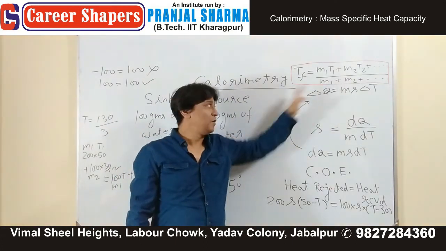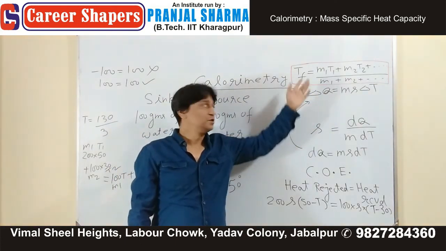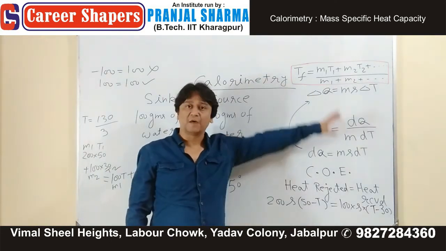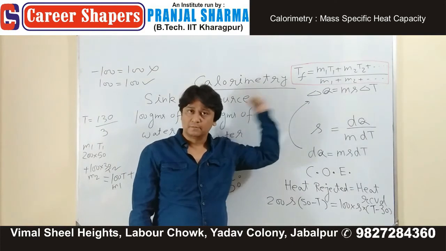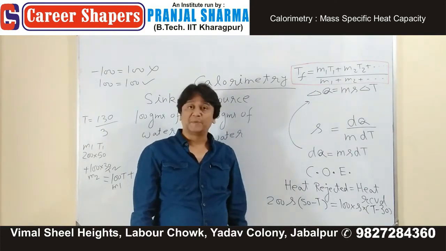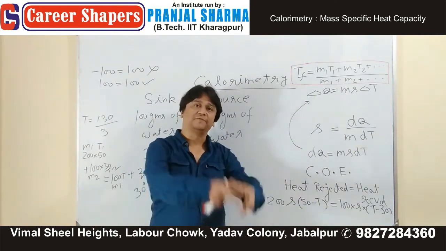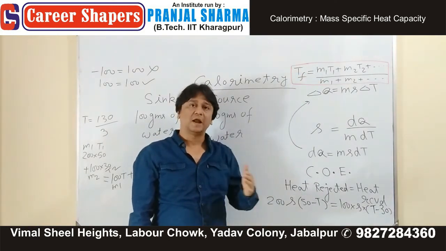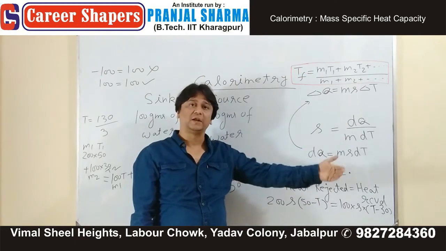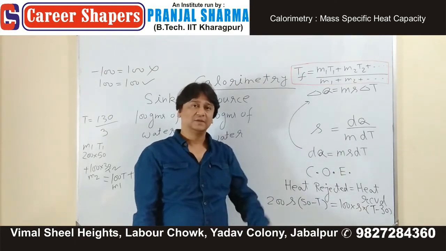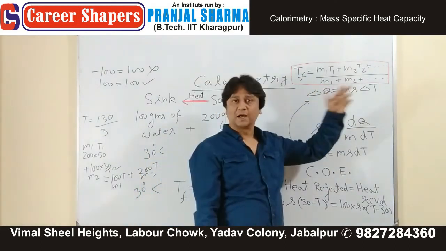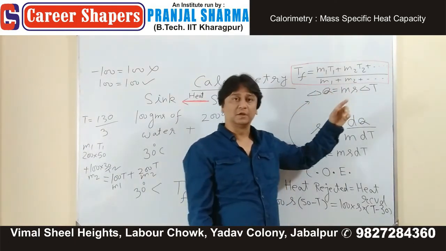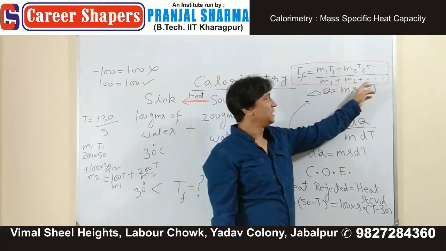Look at this format. Many times we have found a similar format. The same type of format was present in center of mass, and for molar specific heat capacity when you mix different types of gases, and the same thing appears over here. M1 T1, M2 T2, and M3 T3 whole divided by, just remember, some people get confused about what to divide by, and then they divide with T1, T2, T3.